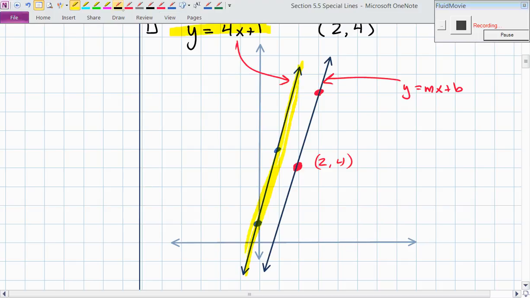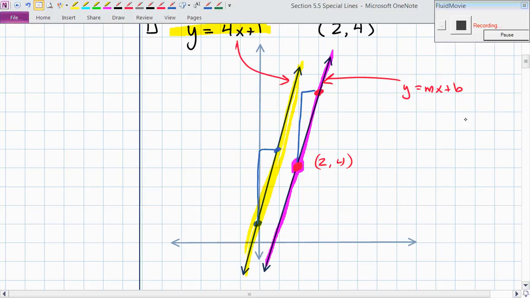And then I also know that I have to make it go through this point right here, because that's what was given to me, right? So I created this line, and it has the same slope. And the reason I know it has the same slope is because it goes up 4 and over 1. This one goes up 4 and over 1, so they must be parallel. You get that point? So the question is, what is the equation of that line? That's what we have to find out.